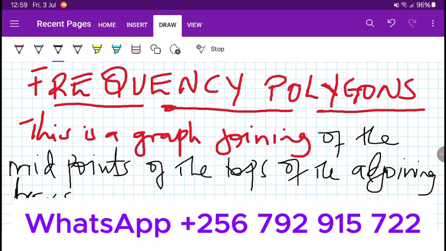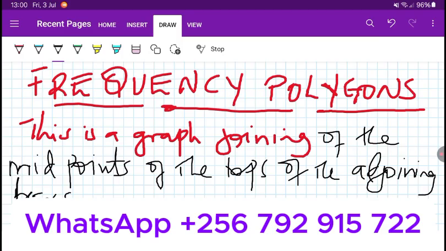But what you have to understand is that we get midpoints, and we said for us to get the midpoints, we get the lower class boundary and then the upper class boundary. We add them, then we divide the answer by 2.